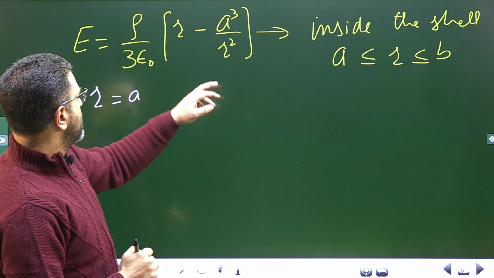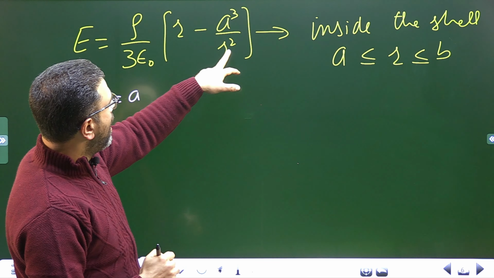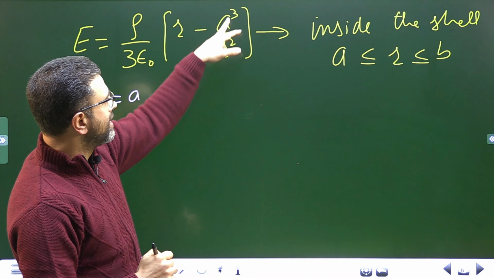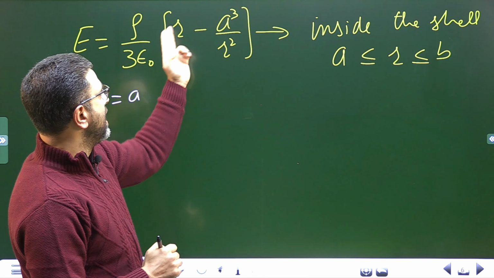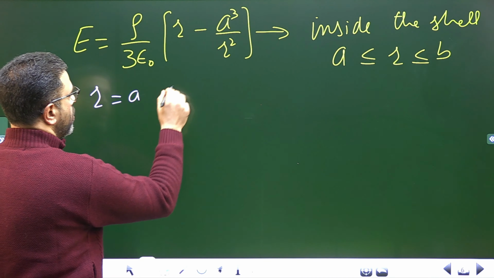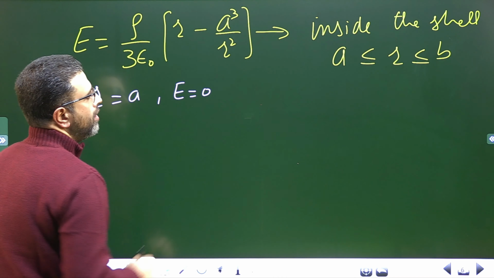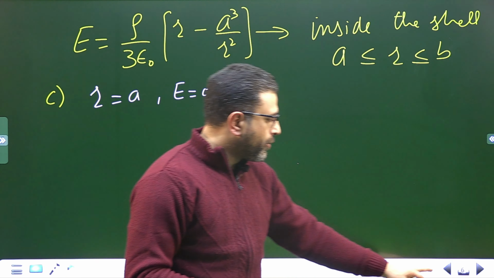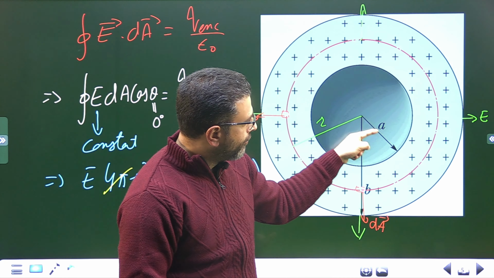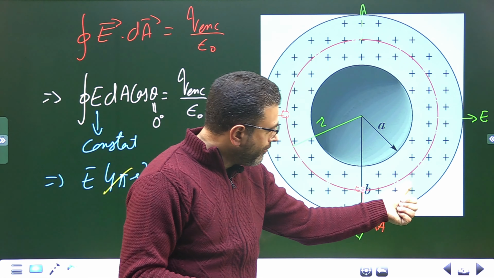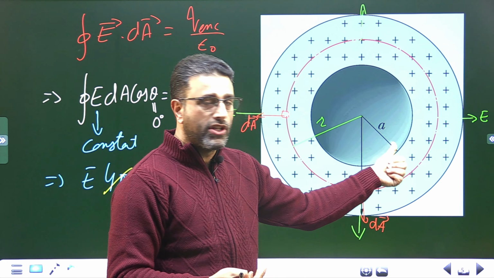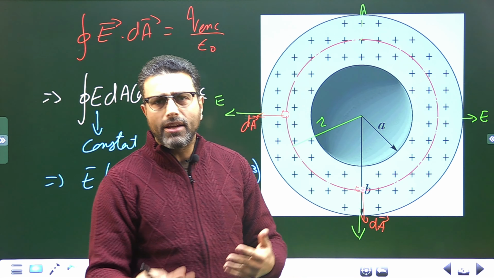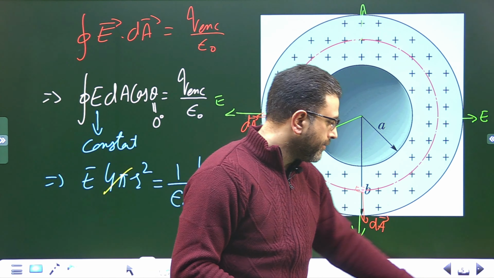If r is equal to A, this becomes A squared, the 1 gets cancelled, and A minus A is 0, so everything becomes 0. So the field is 0. Irrespective of whether you approach the surface from the cavity or from within the material of the shell, the field is 0 at the inner surface, meaning the field function is continuous there.